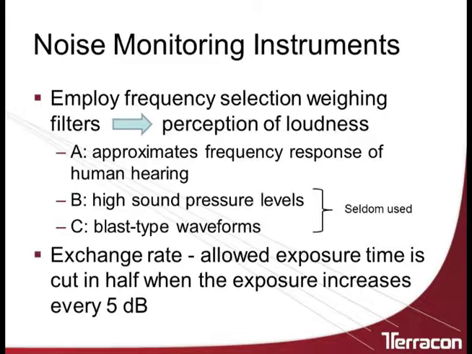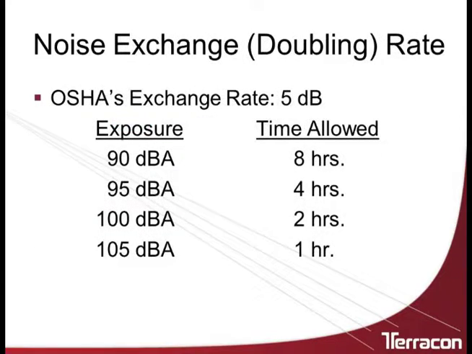They also refer to this as doubling, and what you're doing there is for every exposure level that you decrease, you basically double the amount of time that you're allowed. But the idea is the higher the decibel level, the less time you can spend before you're overexposed.